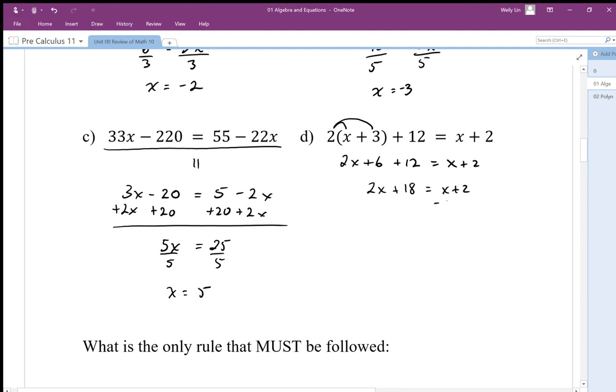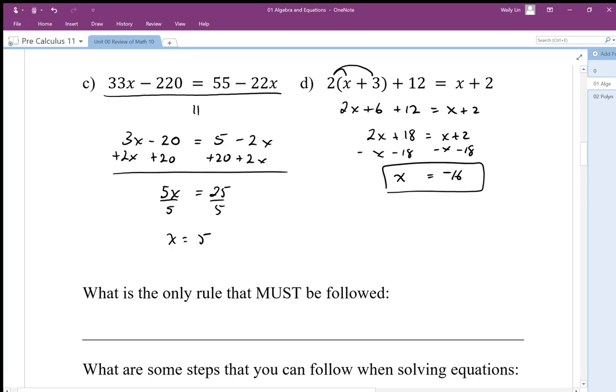Okay, I'm going to take away an x from both sides. I'm going to take away the 18s from both sides. Okay, so we end up with 1x on this side and -16 on this side, which gives us our solution. Okay, so the only rule there is in equations is you have to keep it balanced.